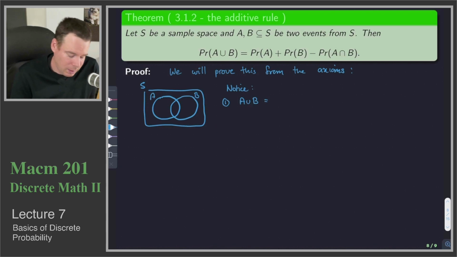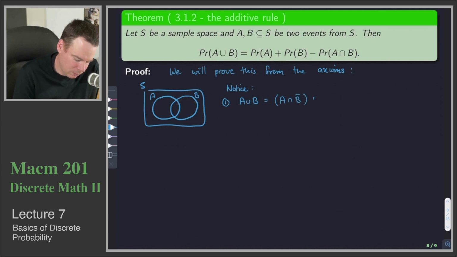And the idea is, absolutely I can. What I can do is look at A intersect the complement of B. Okay, so what is that? In our picture, A intersect the complement of B, that's all this stuff here. It's anything that's in A but not in B. So that's all that stuff. And therefore I can see that A union B is that stuff union with this stuff. Well, that's just B.